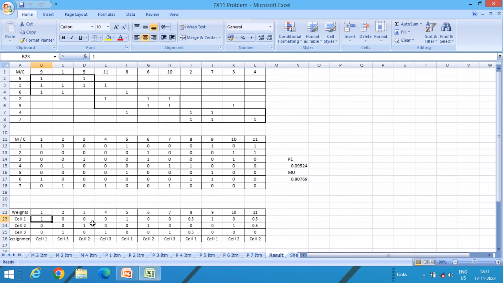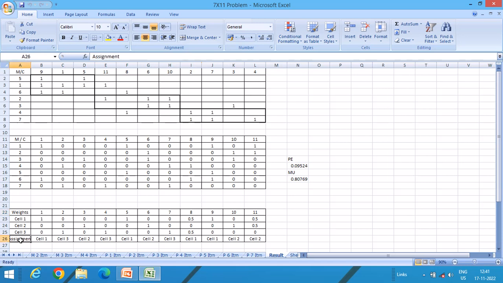So likewise I am assigning weights to each of the parts. So for the eighth part, it is having equal weightages in cell 1 as well as cell 3. So 0.5, 0.5. So likewise, I am assigning weights for all the parts in the respective cells.